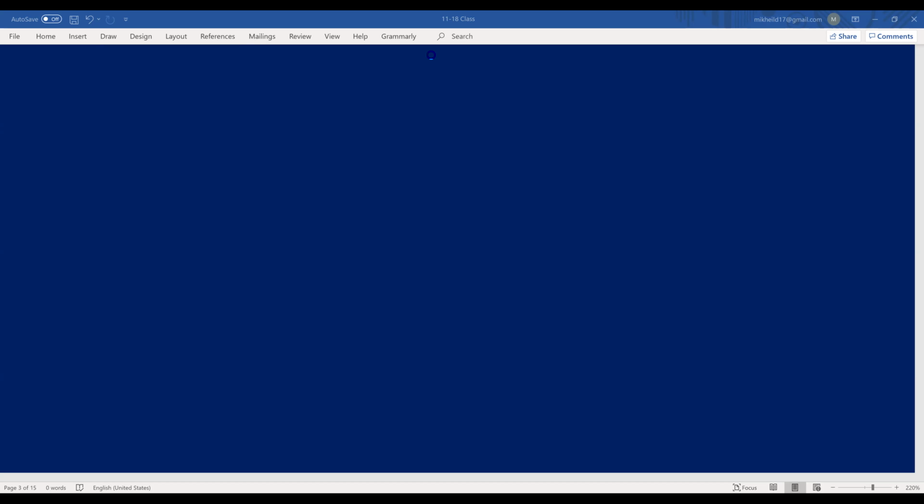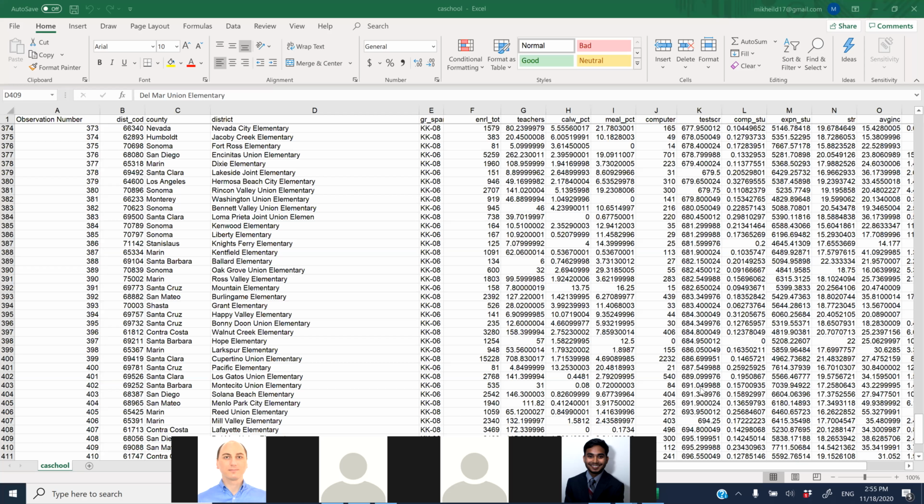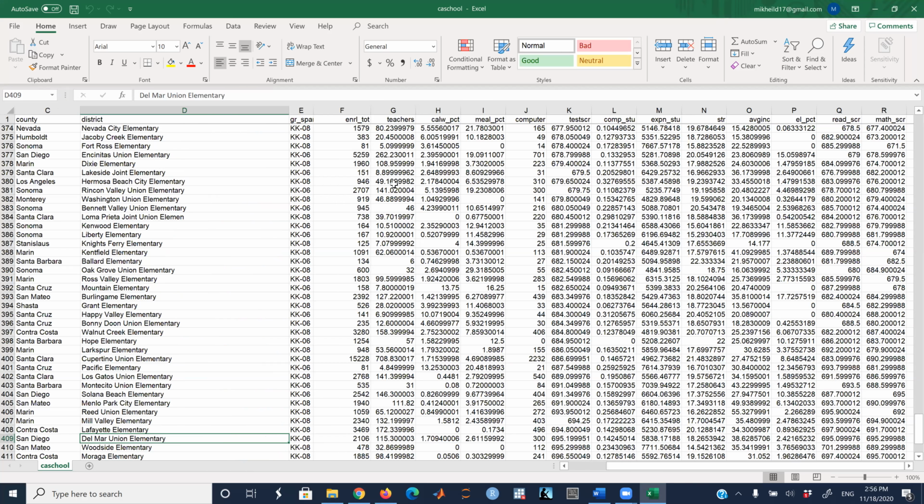So we already know this data set, right? Because we had examples on this before. So we have these variables here, a lot of variables. Let's pick a few of them. Do this with me, please.